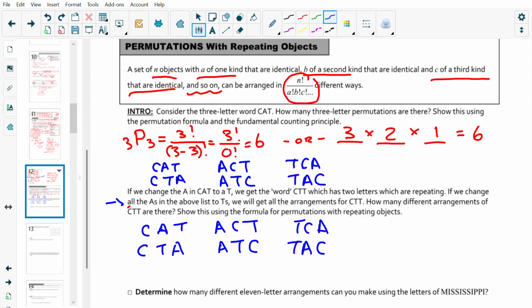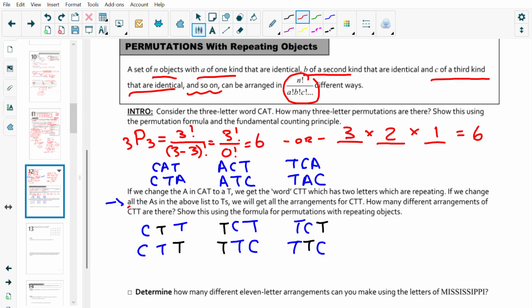Okay, and I'm going to change the A to T. So all the A's I see, I'm going to change to a T. Okay, there we go.